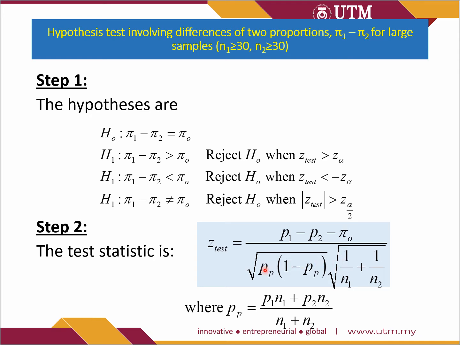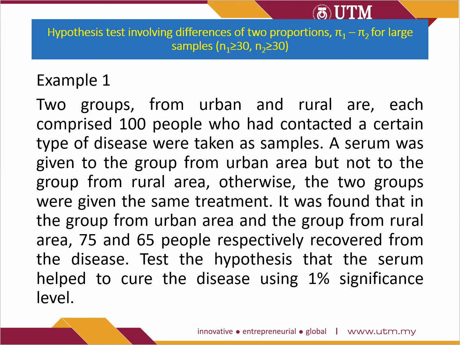So how do we find the pooled sample proportion? It is using this formula: P1 times n1 plus P2 times n2, over n1 plus n2. So that's how we find the test statistic.